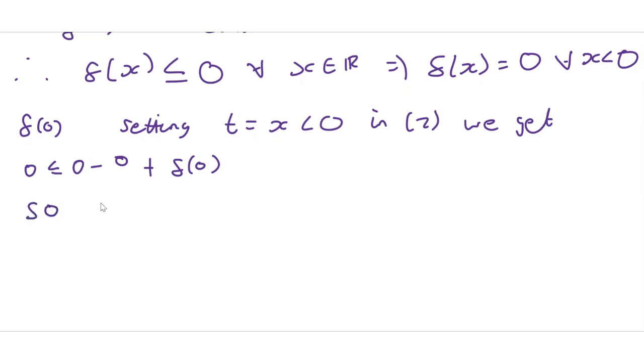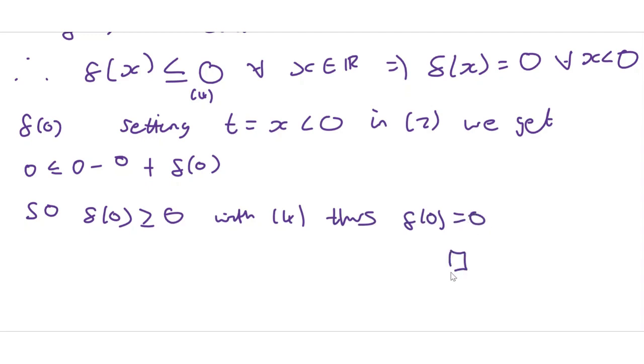So that's just f of 0 is greater than or equal to 0. But we've got this result here which we're going to call 4. So we combine that with 4 and thus f of 0 is 0, and that completes our proof.